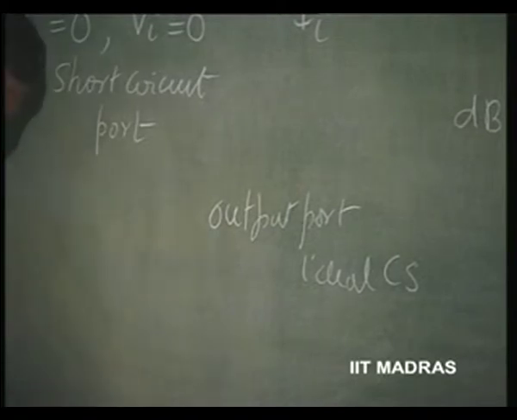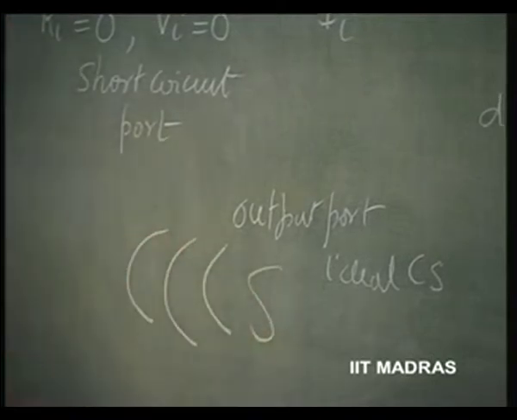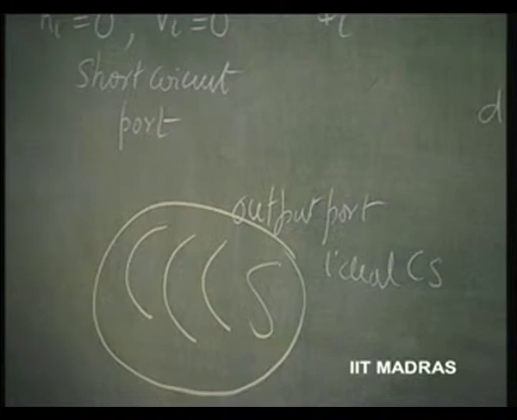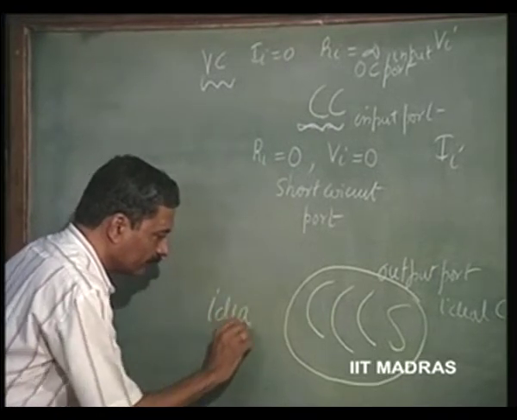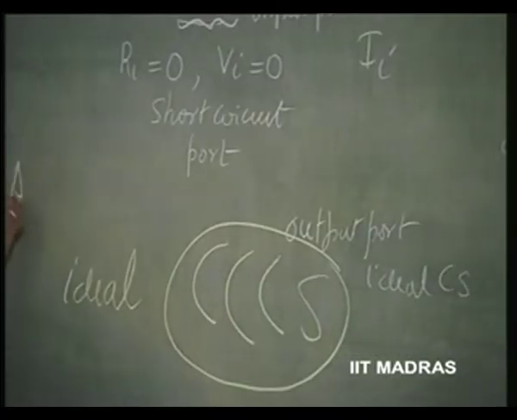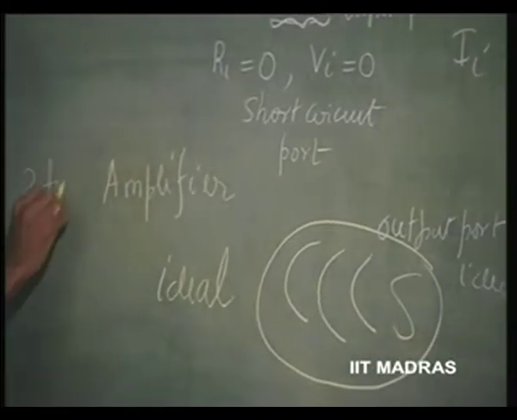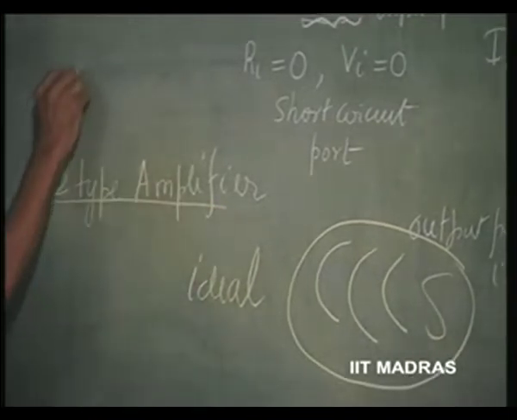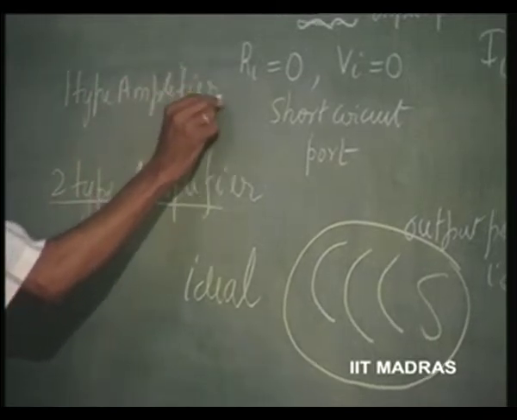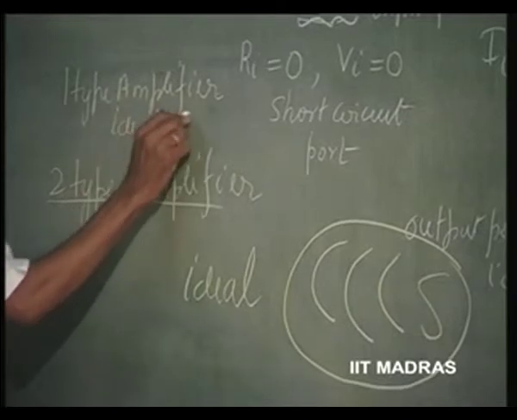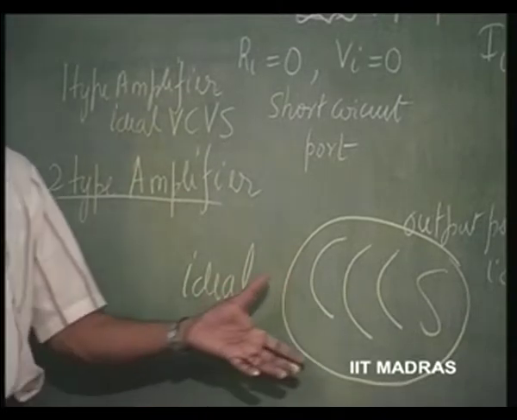So, we get this block as current controlled current source as a second important block acting as an ideal amplifier. First type was ideal voltage controlled voltage source. So, this is ideal current controlled current source, second type of amplifier.